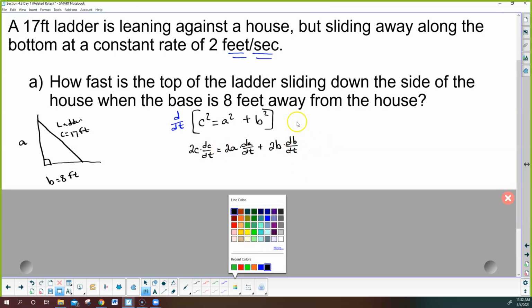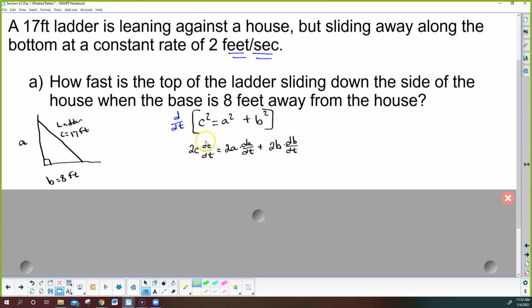So look at that. When you take the derivative, we have 3 rates, a rate for each variable. And you should know, just by the variable alone, dc/dt is the rate at which the ladder is changing. da/dt is the rate at which the ladder is falling down the house. And db/dt, because of the way I labeled it, is the rate at which the ladder is moving away.